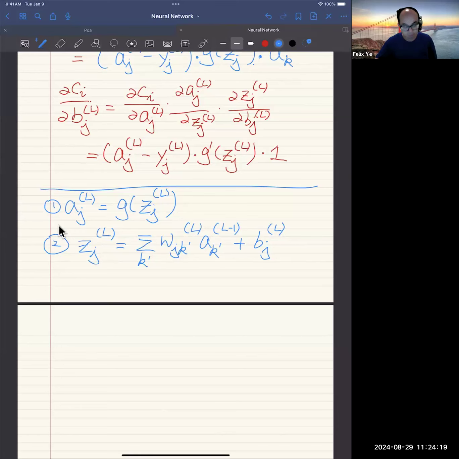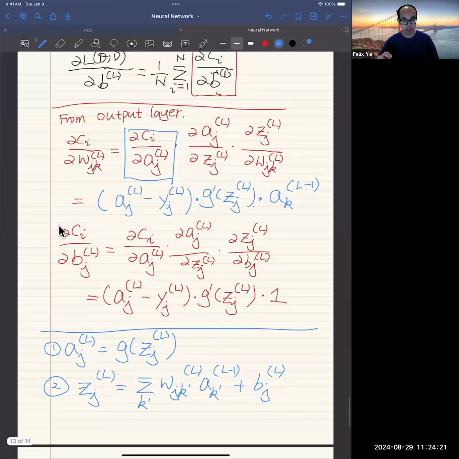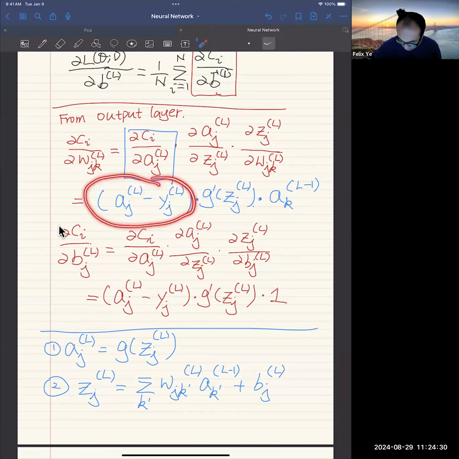So that means basically the rate of change has three factors, and we multiply them together. The first is how much the current output differs from the desired output.